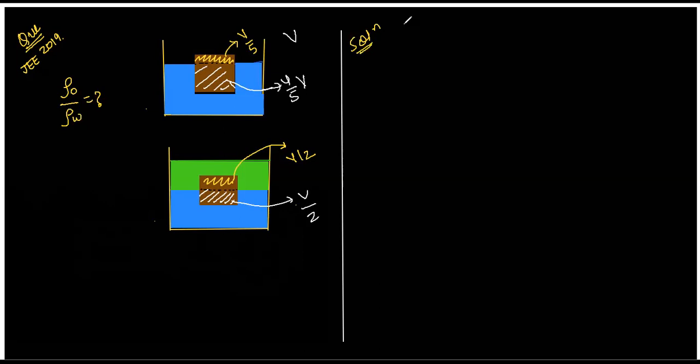Very good. Buoyant force is given as V rho G, where rho is the density of the liquid and V is the volume of the submerged part, or the volume of the immersed part. So I'll write it as V in. Are you clear now with the definition?